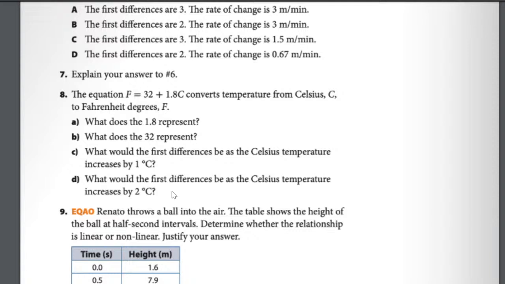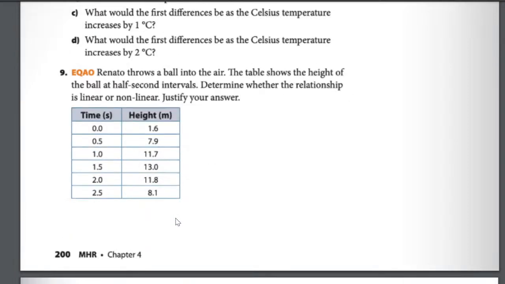And then the last question here, number 9. Renato throws a ball into the air. The table shows the height of the ball at half-second intervals. Determine whether the relationship is linear or nonlinear and justify your answer.